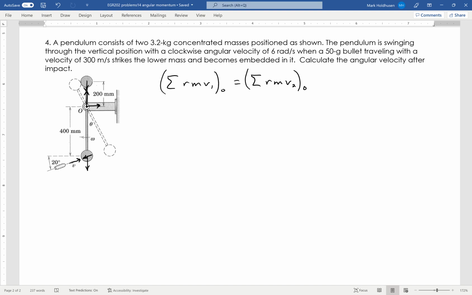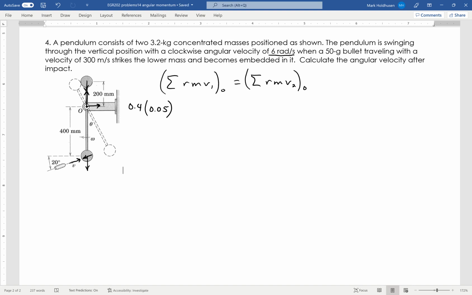So my initial, okay, keep in mind that there's an initial angular velocity of the two as well as the velocity of the bullet. So let's start with the bullet. Okay, it's going to impact at an R of 0.4. It has a mass of 0.05, excuse me.